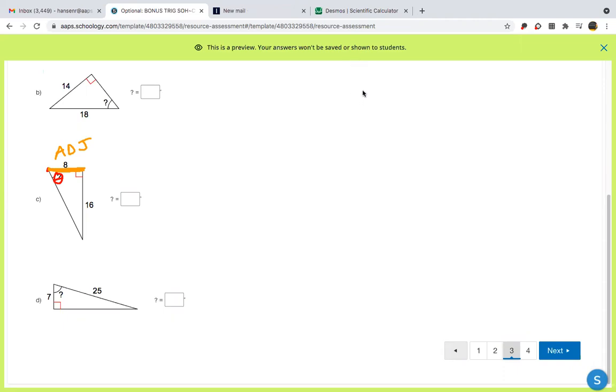Remember, Hansen told you. And from theta, if we throw a rock across the triangle to the other side, that's always the opposite. So in this one, we're playing with opposite adjacent, SOH CAH TOA, OA, TOA, tan. This is the tangent of theta is equal to the opposite, which is 16, over the adjacent, which is 8.